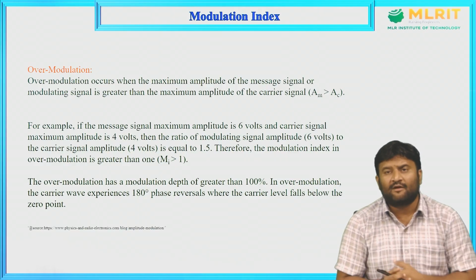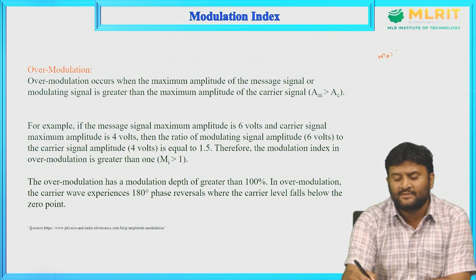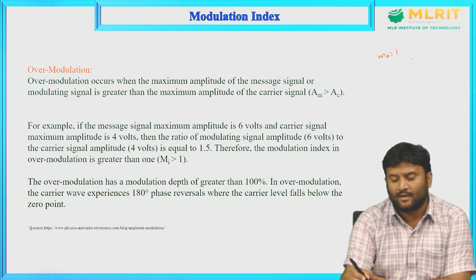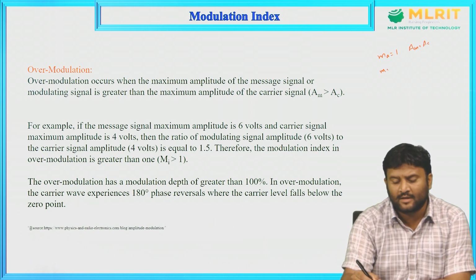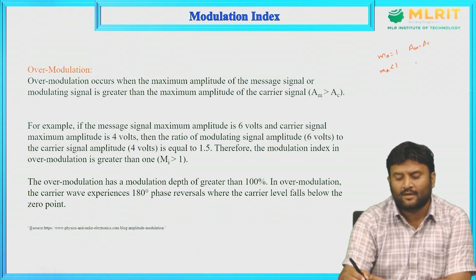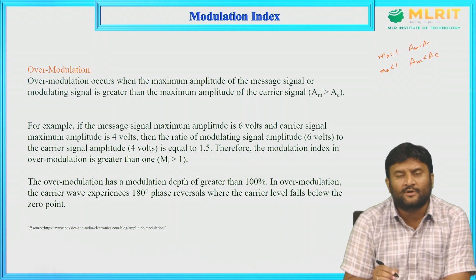As per the first one, in the case of perfect modulation, MA is equal to 1, nothing but AM is equal to AC. In the second case, under modulation, MA is less than 1, nothing but AM is less than AC. The third one is called over modulation.